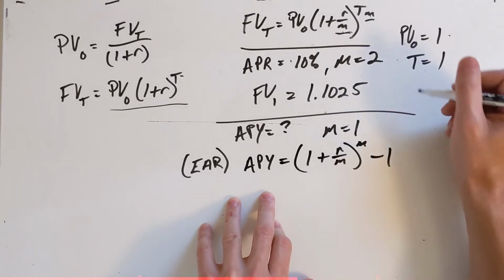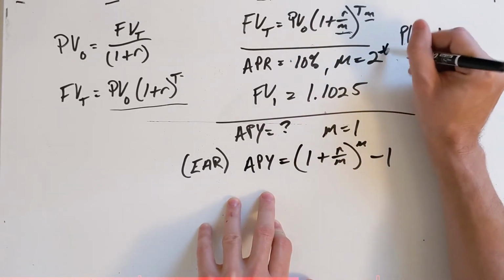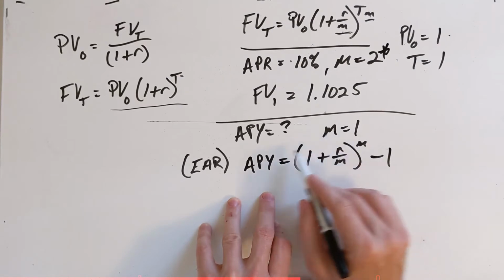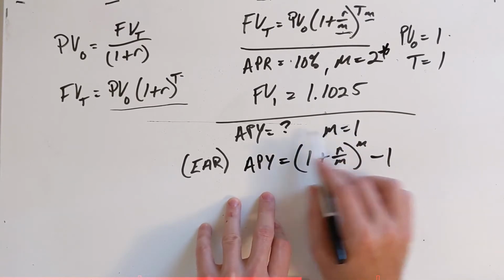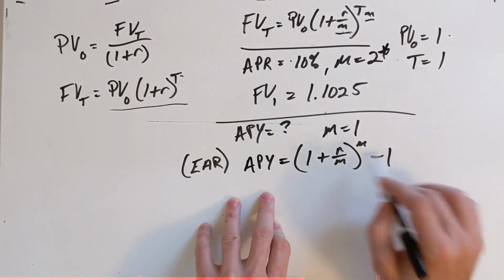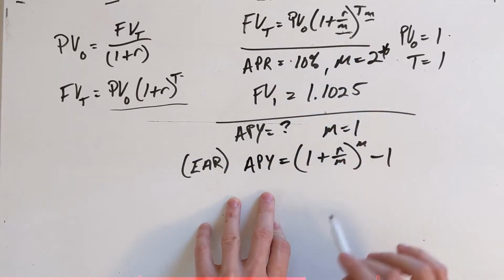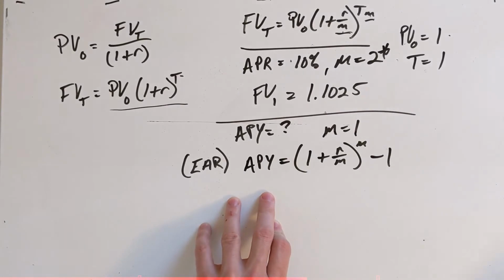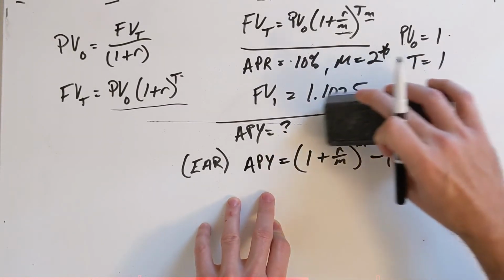And the M here is this. I'm trying to figure out a rate where M would equal 1 in this formula. In order to find that, I actually have to use the original information. So just so that's not too confusing, let me get rid of that.